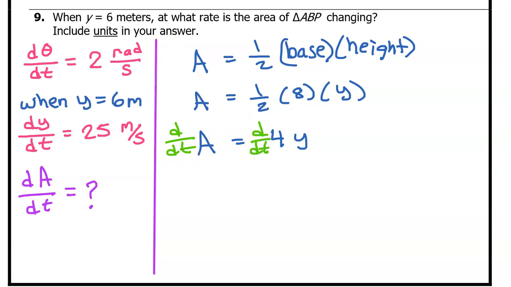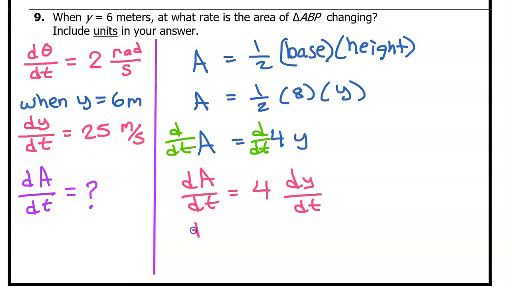On the left-hand side, we have dA dt, which is what we are looking for. On the right side, we have this constant, so I'm just going to keep it, and I will move on to dy dt. But we know that dy dt is 25 meters per second.